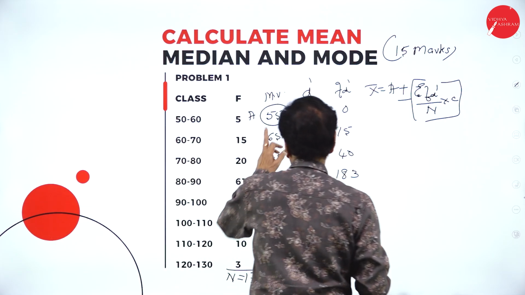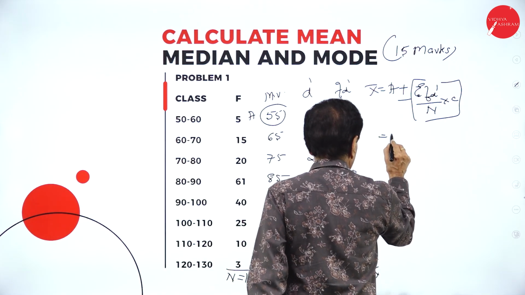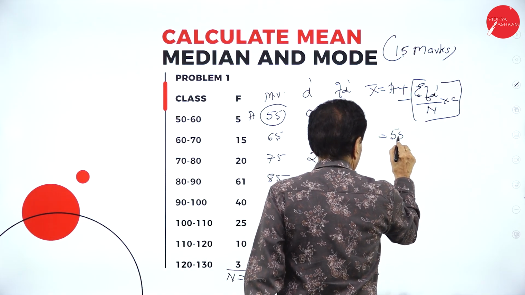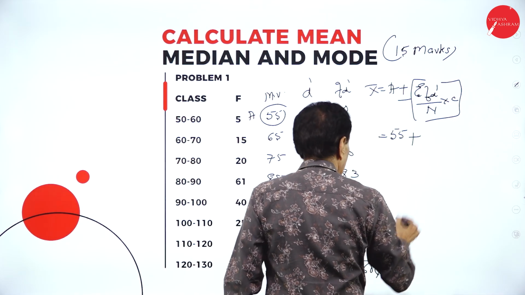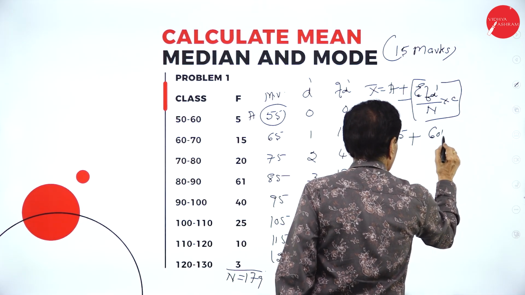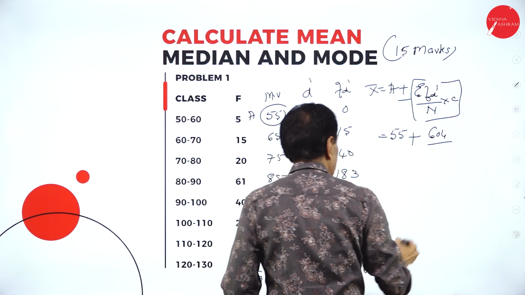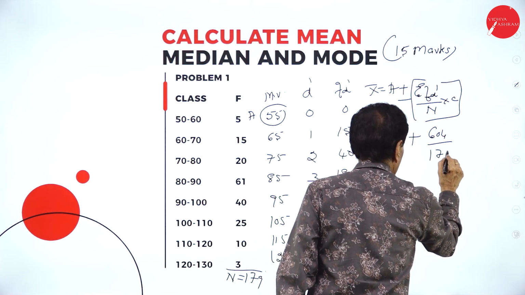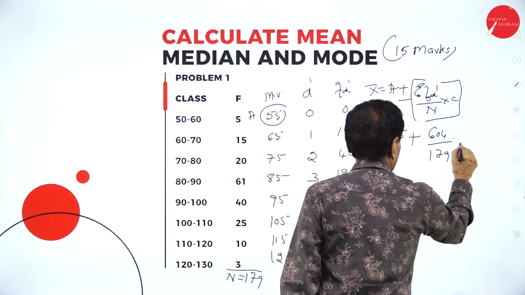So what is your assumption? It is 55. What is your sigma f d dash? 604, divided by number of frequency 179, into class interval 10.